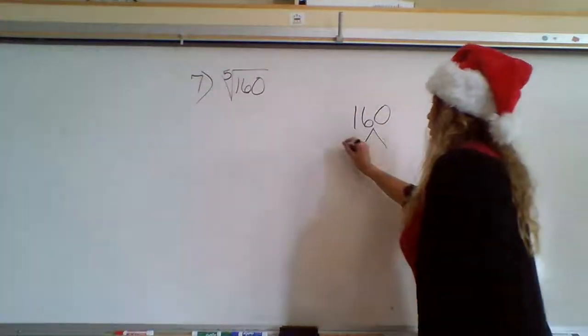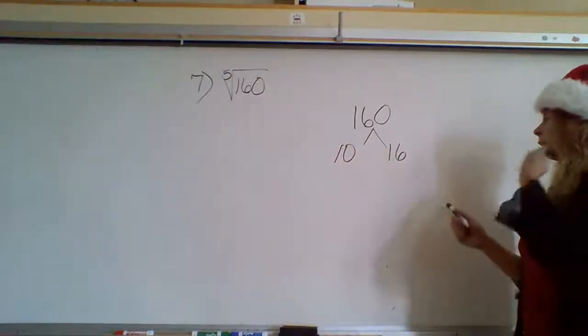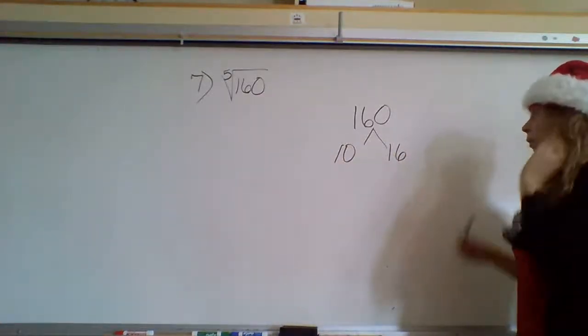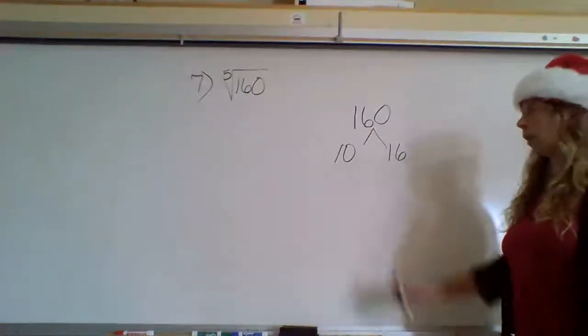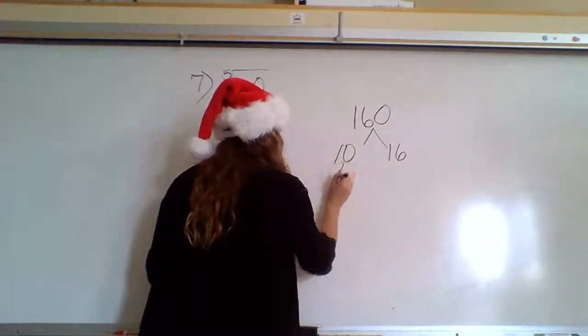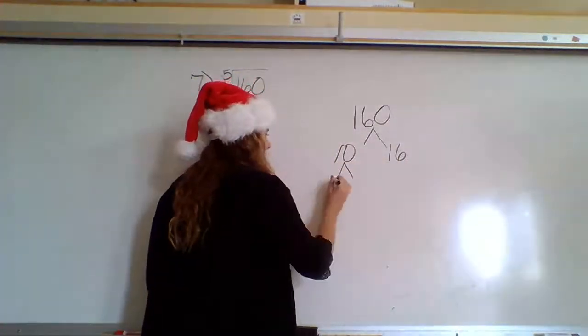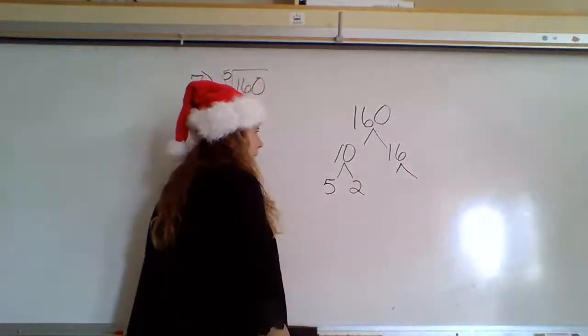The first thing I think of is 10 and 16. 10 times 16 is 160. You could also do 2 and 80. Whatever you want to start with is fine. You'll get there eventually. Break down 10. 5 times 2. Break down 16.